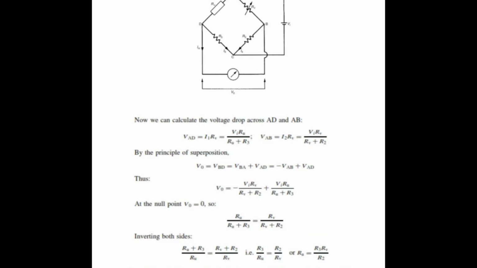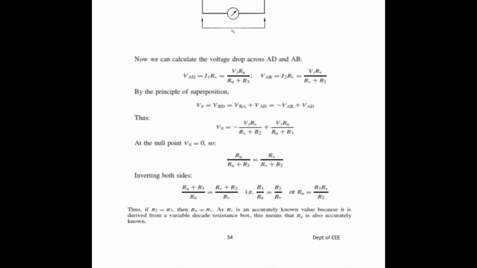Inverting both sides, the values R2 and R3 are known, so RU is equal to RV, which is accurate because the variable resistance value is known, and so RU is also accurate. For the deflection of the DC value, the output voltage relative to the input voltage, RU divided by RU plus R3, is very non-linear.